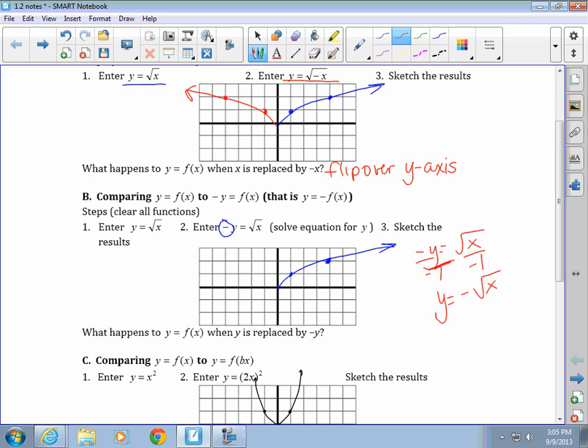You have the y equals there, and then the negative sign is on the outside, then your square root x. So this graph does that.